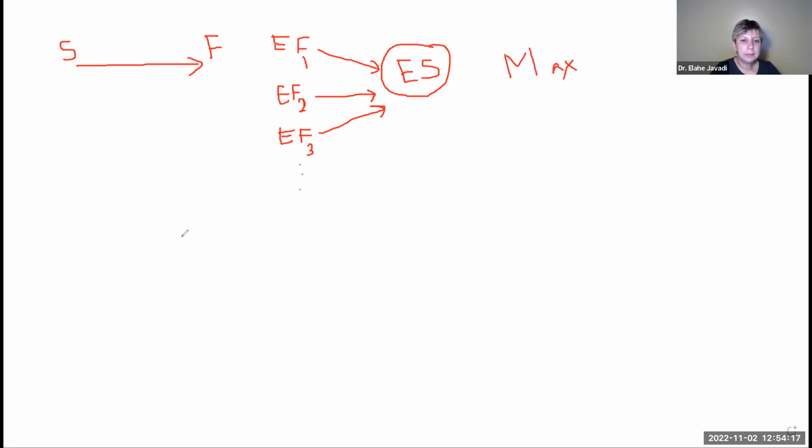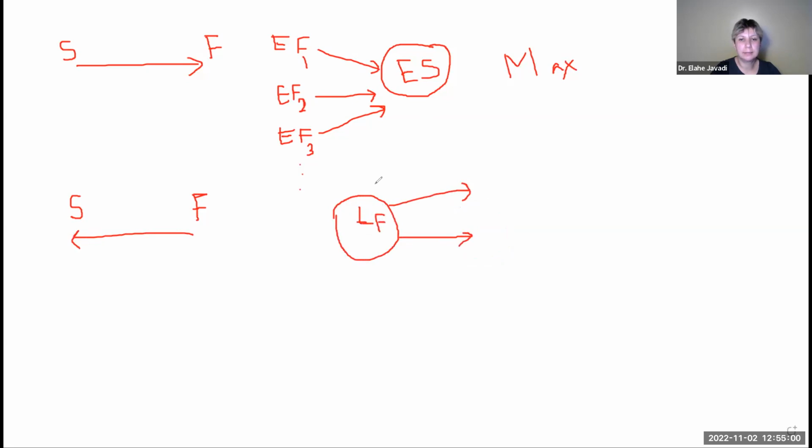When we do the opposite direction, when we scan the network from finish to start, you look at this task and what comes after it. And you want to identify the late finish of this task.